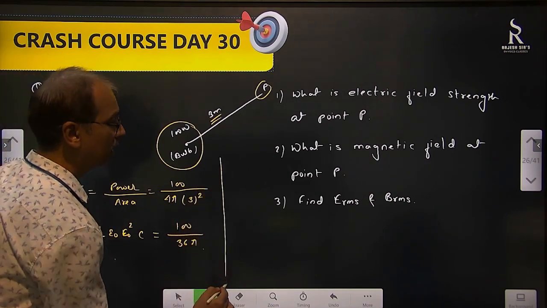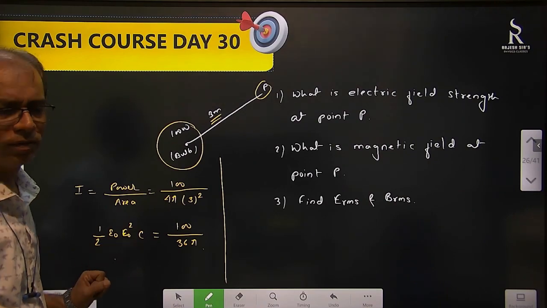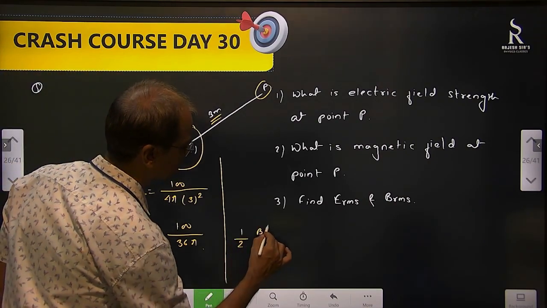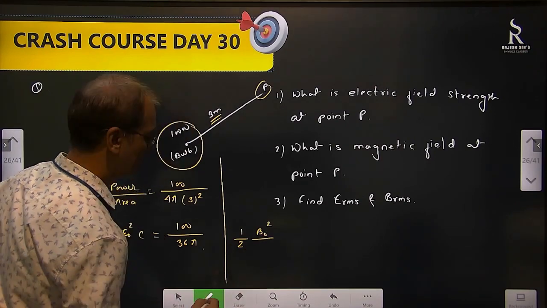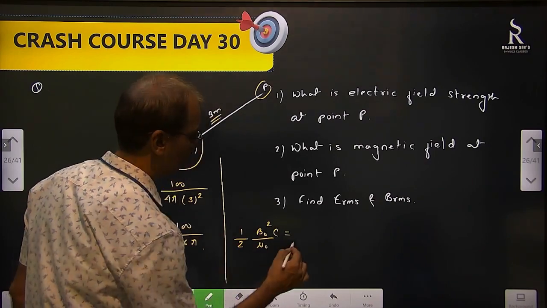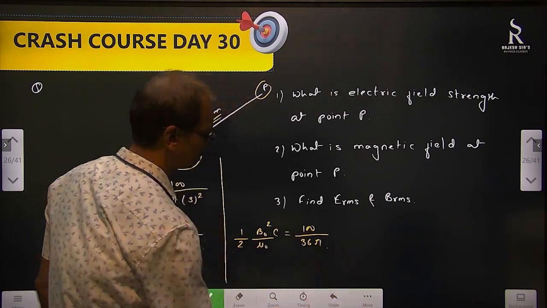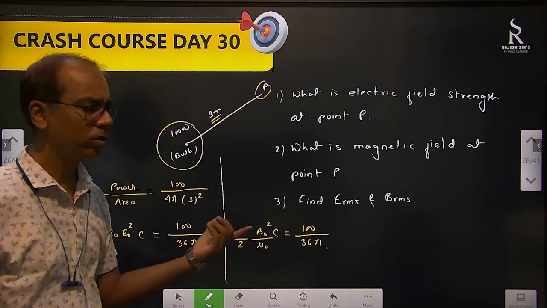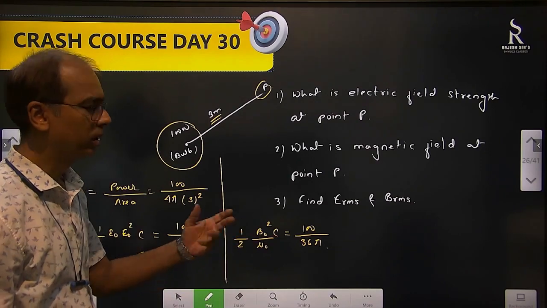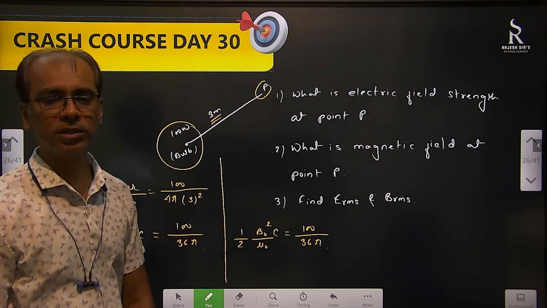Then if he is asking magnetic field also, no problem. Here we will write the magnetic field form, 1 by 2 B naught square by mu naught into C, that's equal to the same thing, 100 by 36 pi. No issues, mu naught value also we know, 4 pi into 10 to the power minus 7. C value we know, B naught we can find. Then he says find ERMS and BRMS.